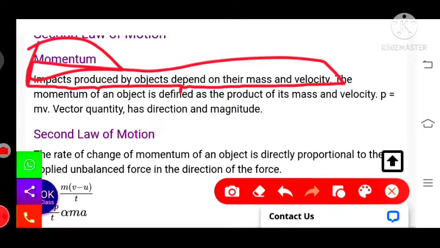The momentum of an object is defined as the product of mass and velocity. It means that momentum is the impact which is produced by the velocity and the mass of an object.